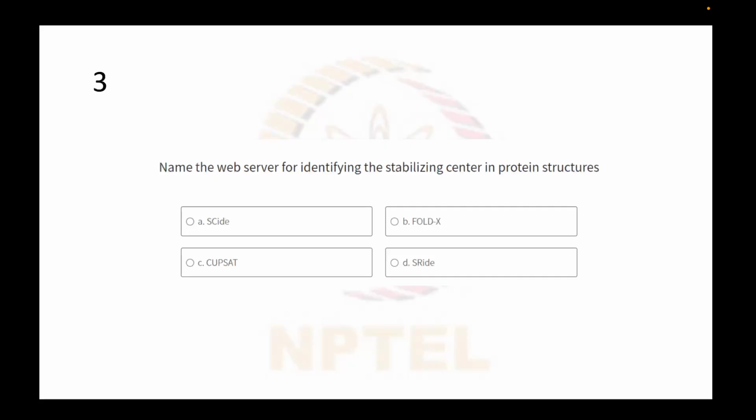So the question is not about stabilizing residues, it is about the stabilizing center.